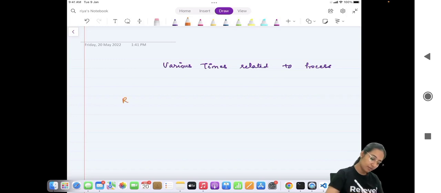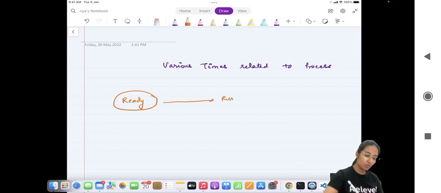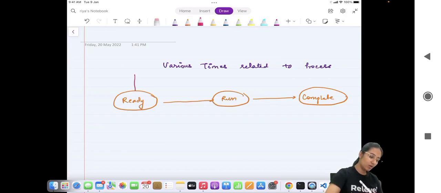So we have the ready state, correct? From the ready state you go to the run state, and from the run state you go to the terminated or the complete state, correct? This is basically your arrival time.